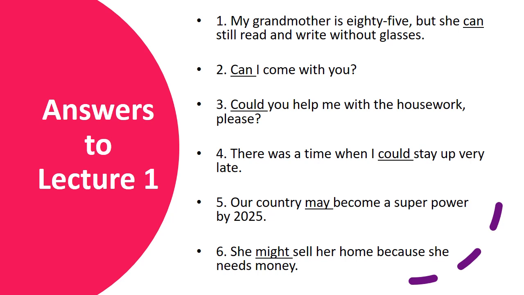Number 4, there was a time when I could stay up very late. Number 5, our country may become a superpower by 2025. Number 6, she might sell her home because she needs money.